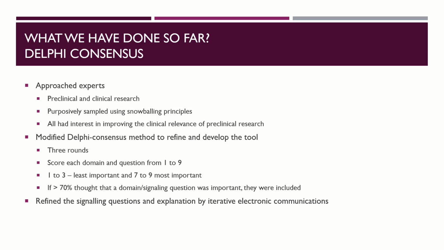We conducted 3 rounds, and the score for each domain and question ranged from 1 to 9, 1 to 3 indicating least important question or domain, and 7 to 9 indicating most important. If greater than 70% thought that a domain or signaling question was important, they were included. Then we refined these signaling questions and explanations by iterative electronic communications.